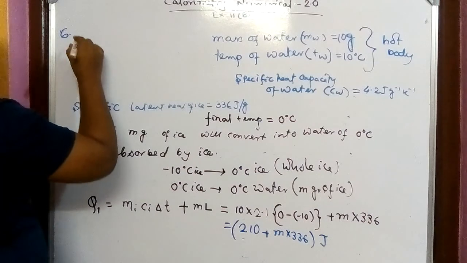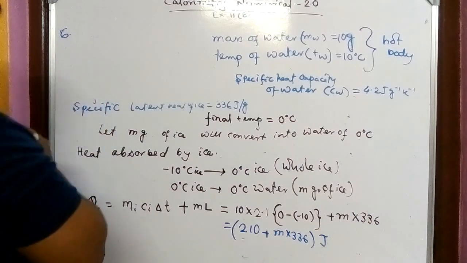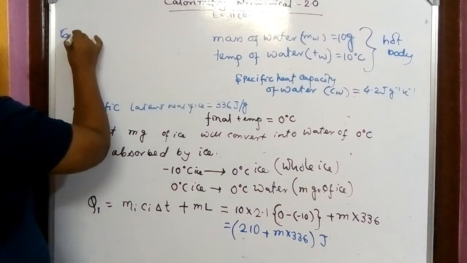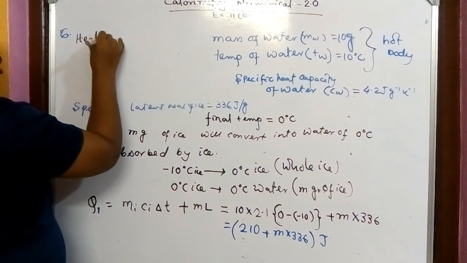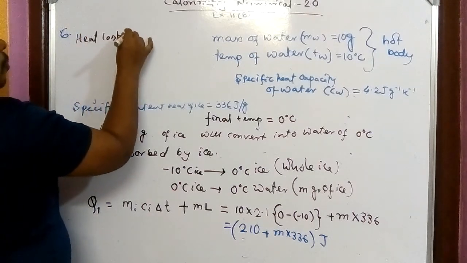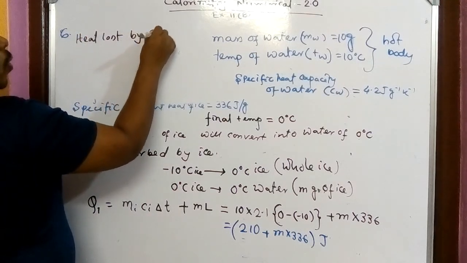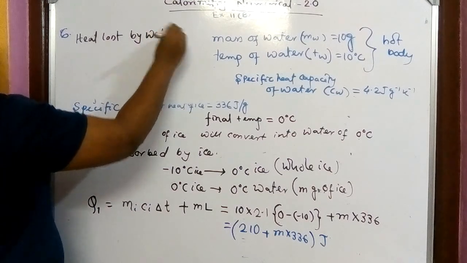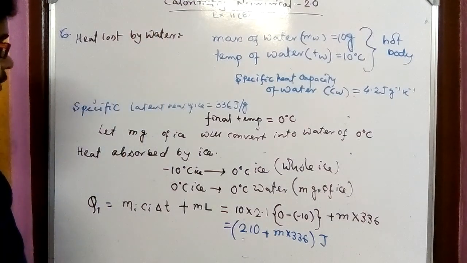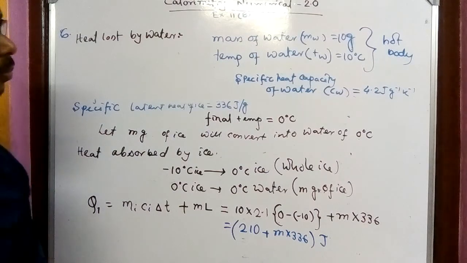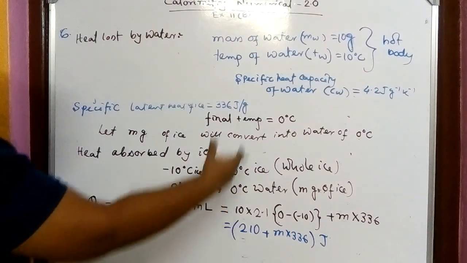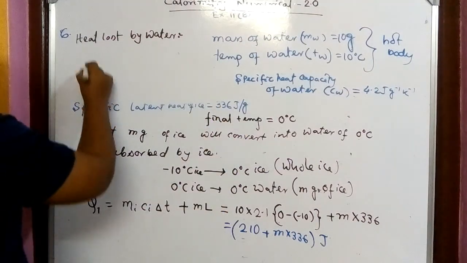Next topic is heat lost by water. So how much heat is lost by water? The initial temperature is 10 degree centigrade, and from here it is going to 0 degree centigrade.